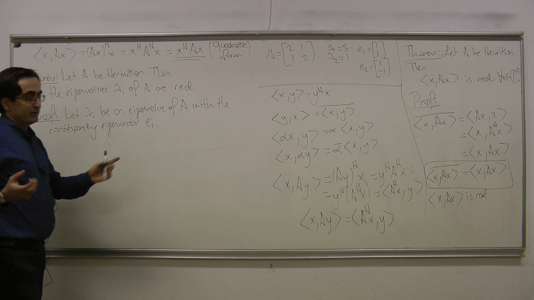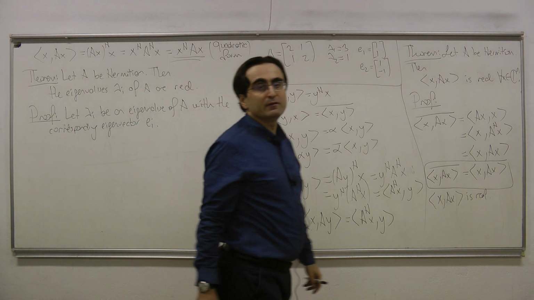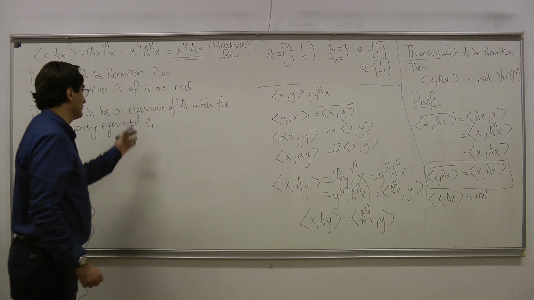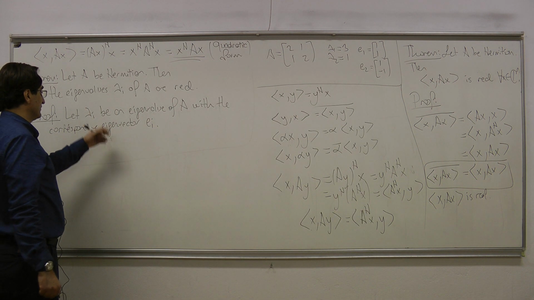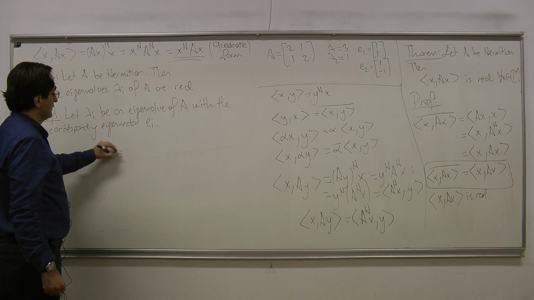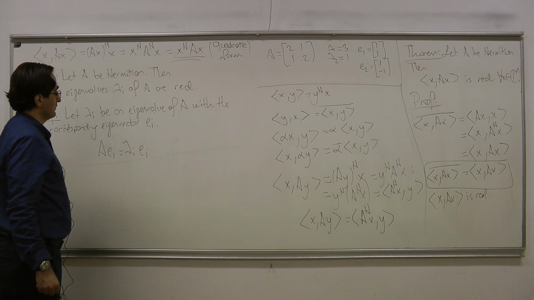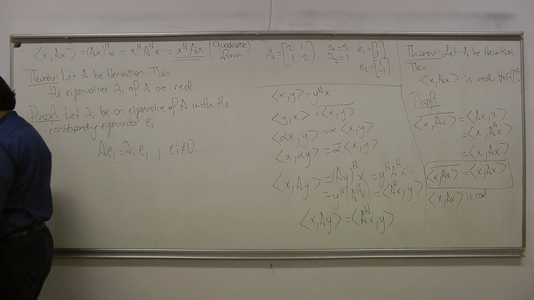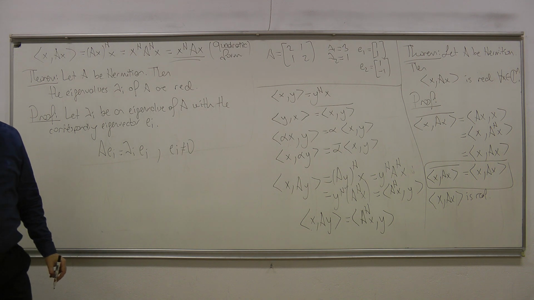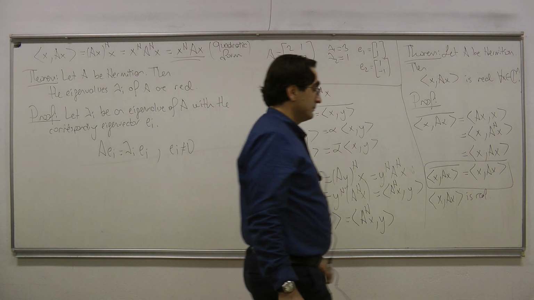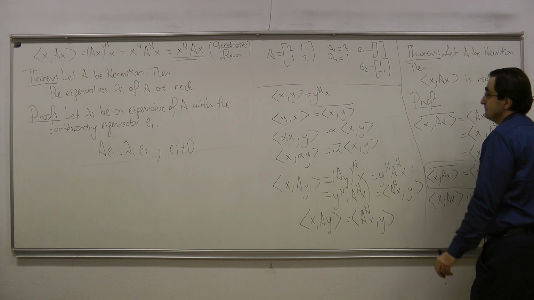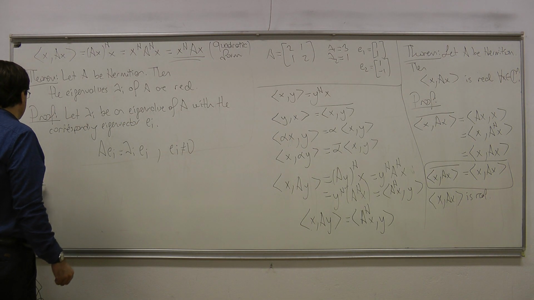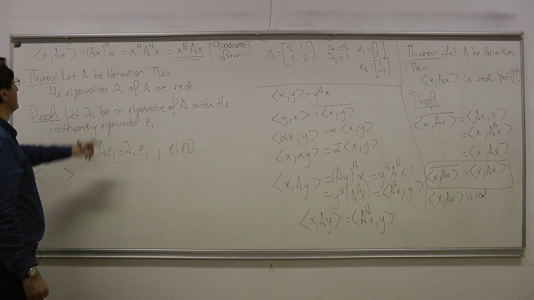So lambda I is an arbitrary eigenvalue of the matrix A. That means that it has at least one eigenvector, which satisfies A EI equals lambda I EI, where EI is not equal to the zero vector. This eigenvector should satisfy the eigenvector property. Now I'm going to write some quantities here.